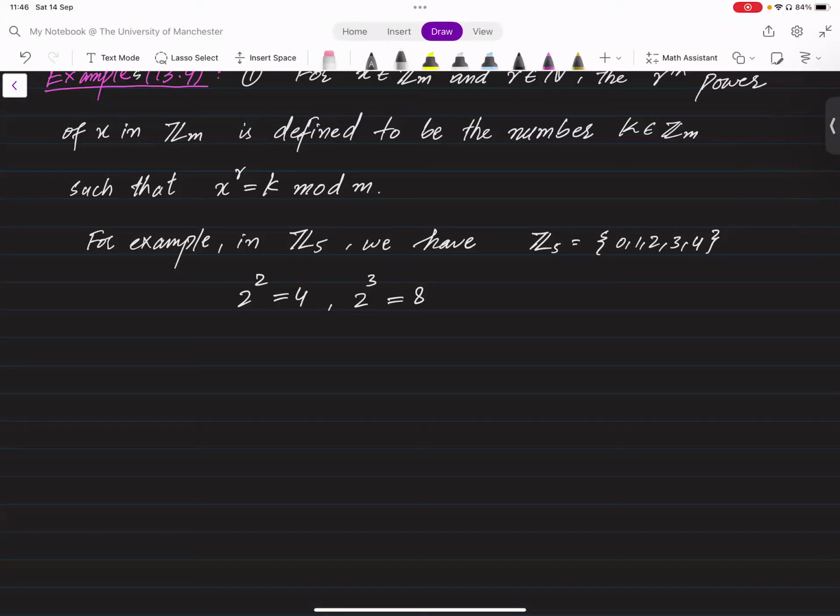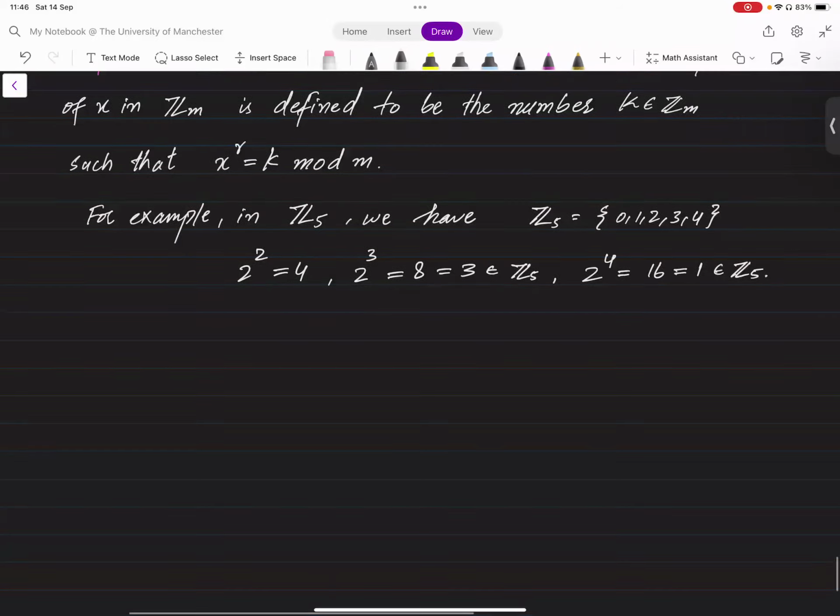So this is nothing but 3 in Z5. Similarly, we have 2 power 4, which is 16. And as I told you, 16 belongs to the equivalence class 1. So it is 1 in Z5. This is what we meant.